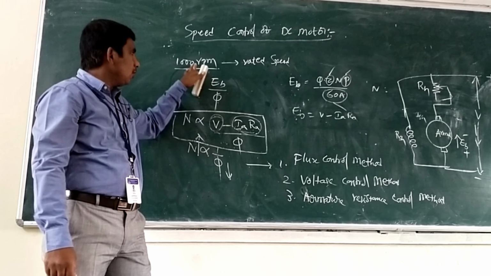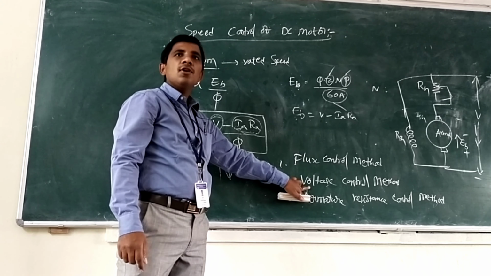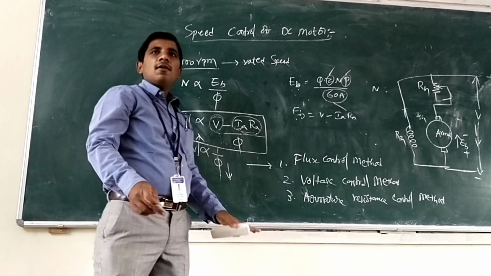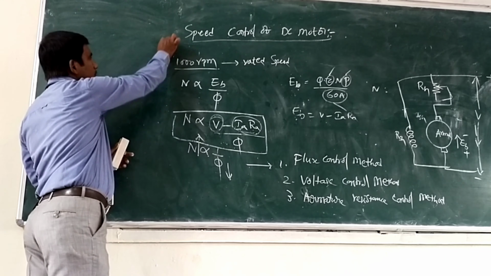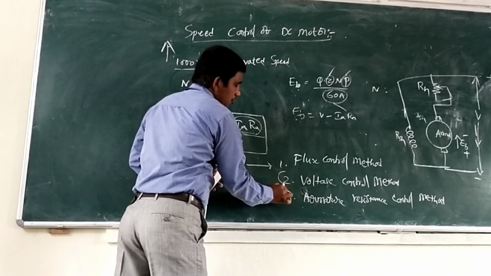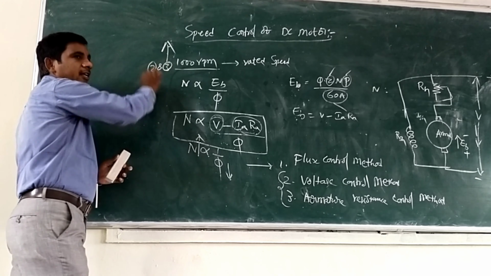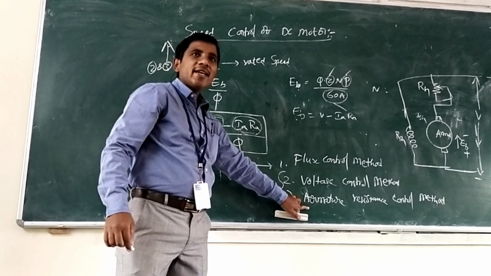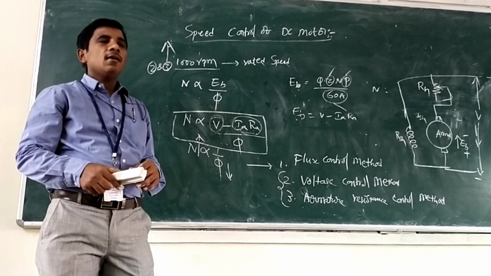If you want a speed below 1000, we go for armature resistance control and armature voltage control. For more than 1000, we go for the flux control method. Methods 2 and 3, armature voltage control and armature resistance control, are used below 1000 RPM.